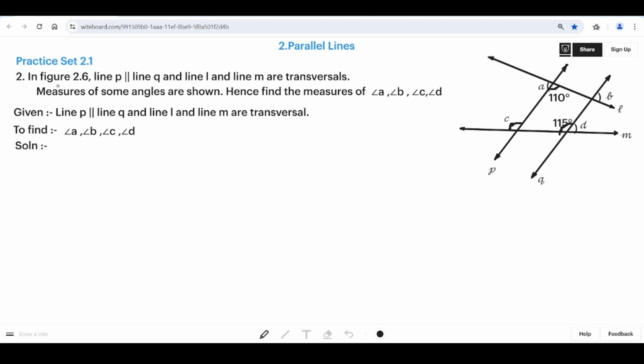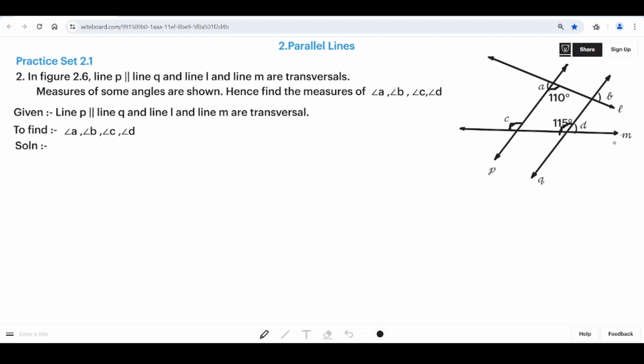Now the second question is, in the figure given, line P is parallel to line Q, and line L and line M are the transversals. Means line P and Q, these two are the parallel lines, and L and M are the transversals.